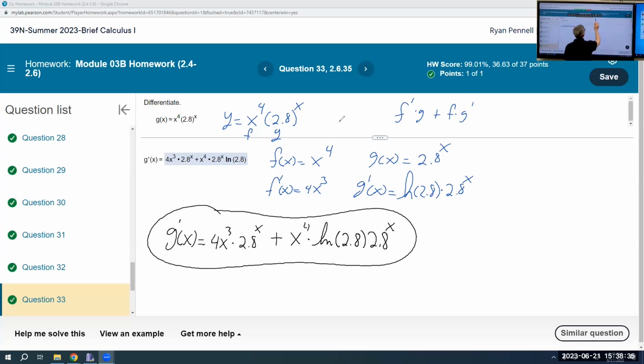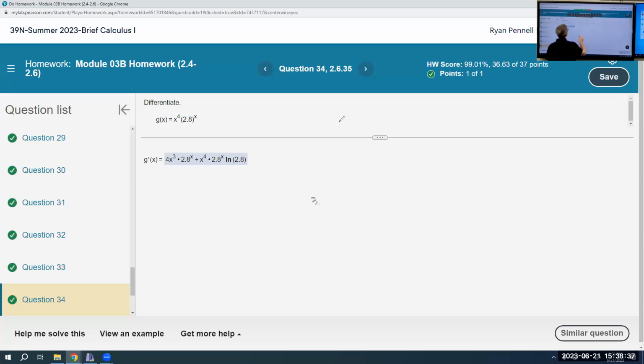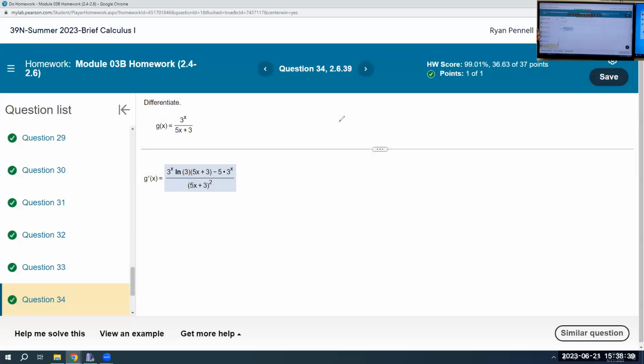Let's see what 34 brings us. Quotient rule. Let's do it. Rewrite this as y equals 3 to the x over 5x plus 3. I'll let f of x equal 3 to the x.